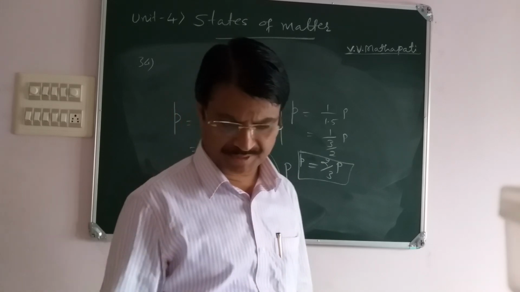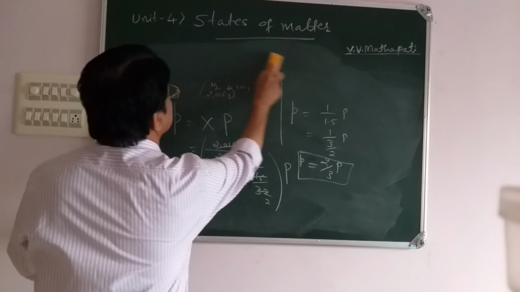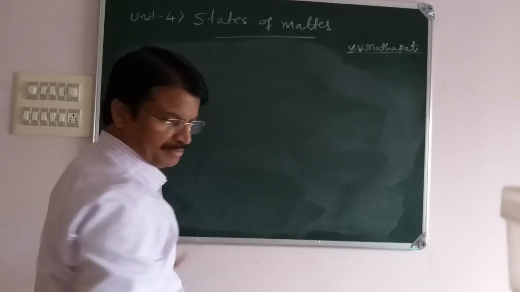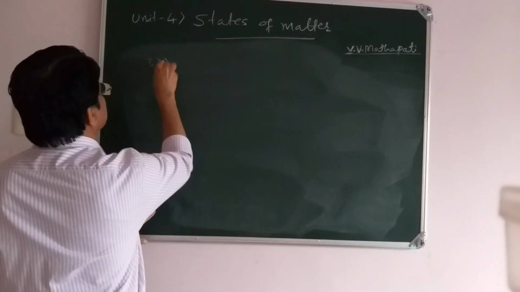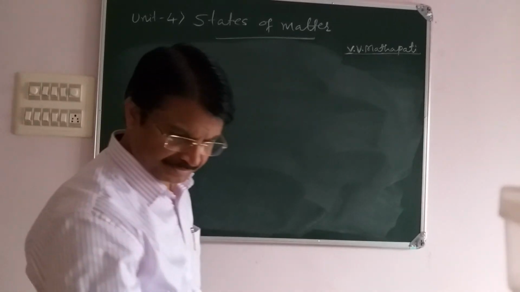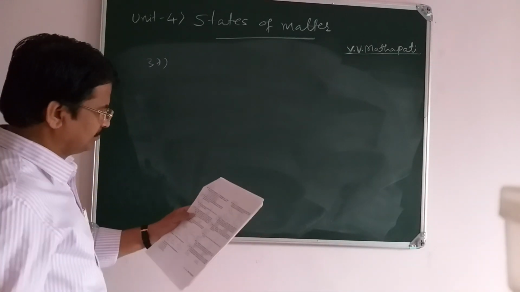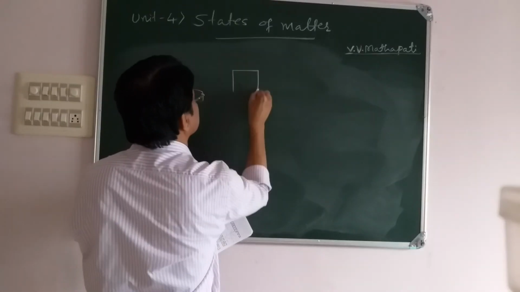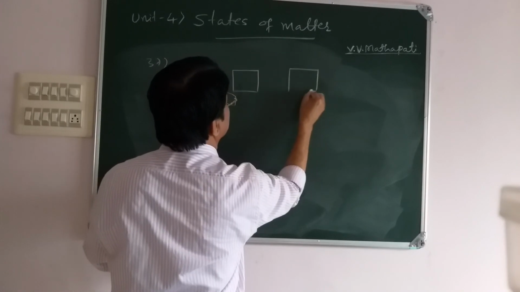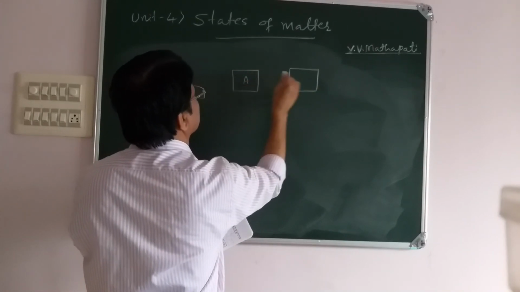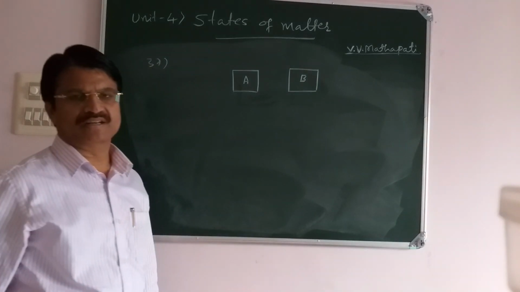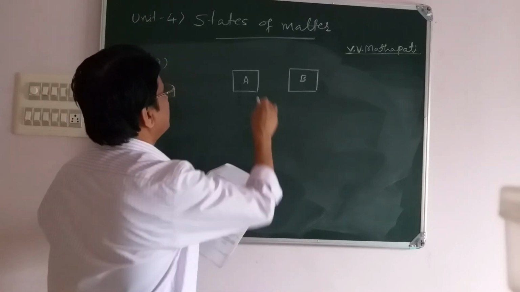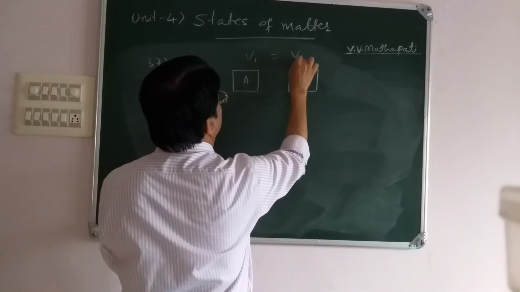Then question number 37. Two gas cylinders having the same capacity, equal capacity or equal volume, V1 equal to V2.